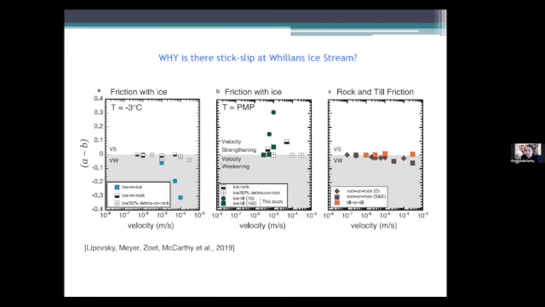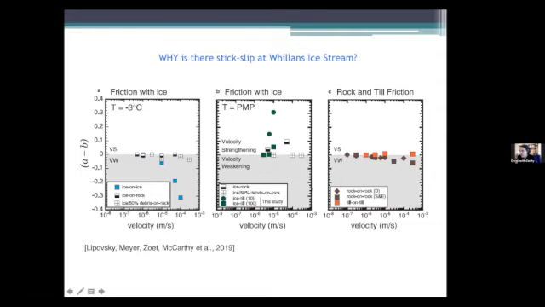So then it became kind of a holy grail in the community to try to find why this is the case. Why is this one glacier having velocity weakening behavior? It's stick slipping. And so here are a bunch of different kinds of experimental studies.